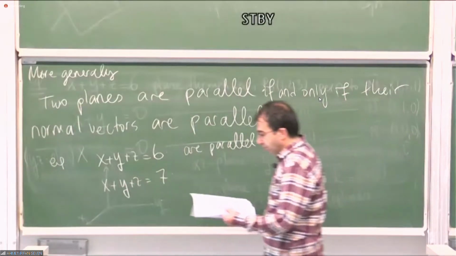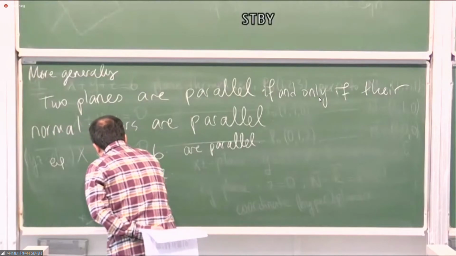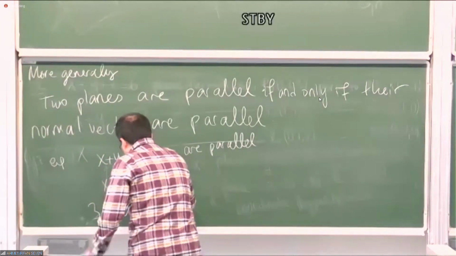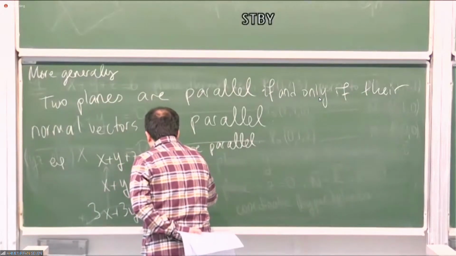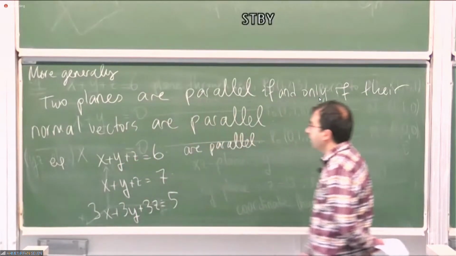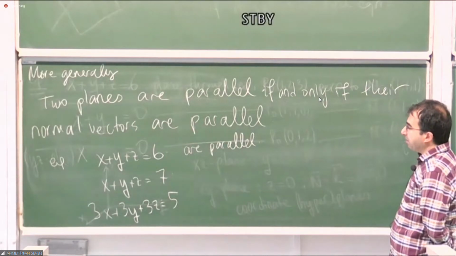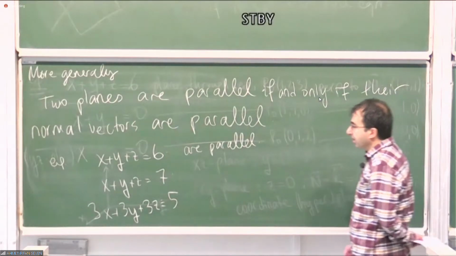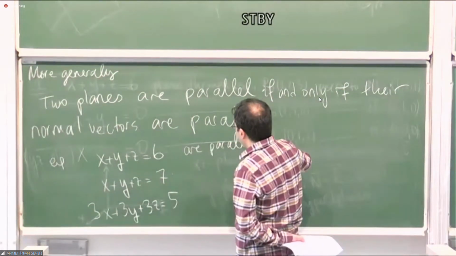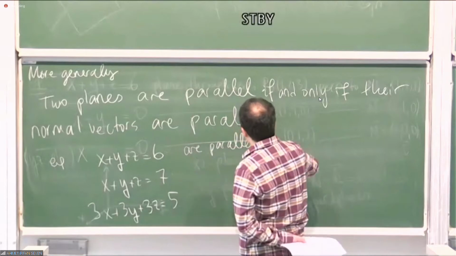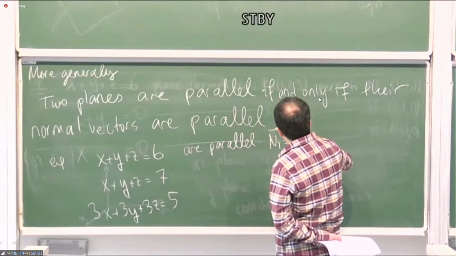Okay, let me write one more. 3x plus 3y plus 3z equals 5. All three planes are parallel. Why? Because their normal vectors are parallel. The normal vector of the first one is 1, 1, 1.